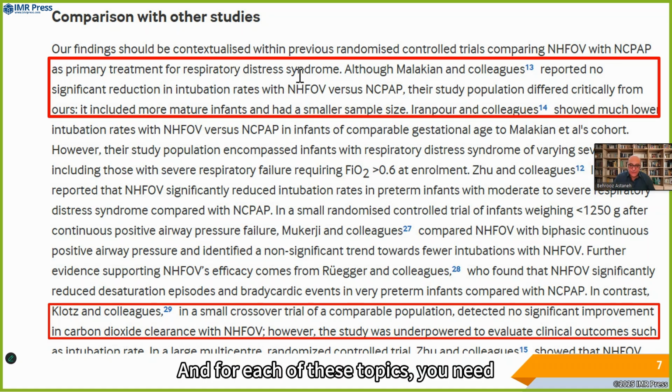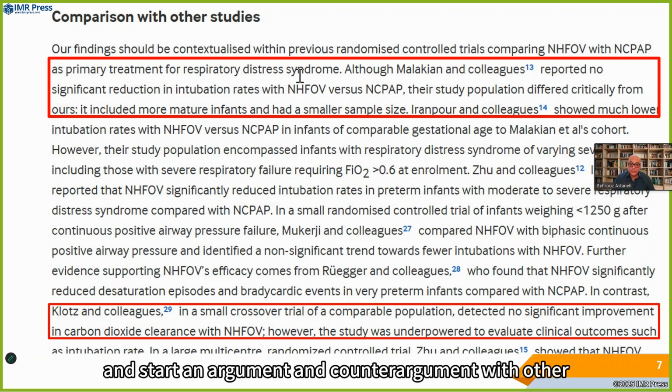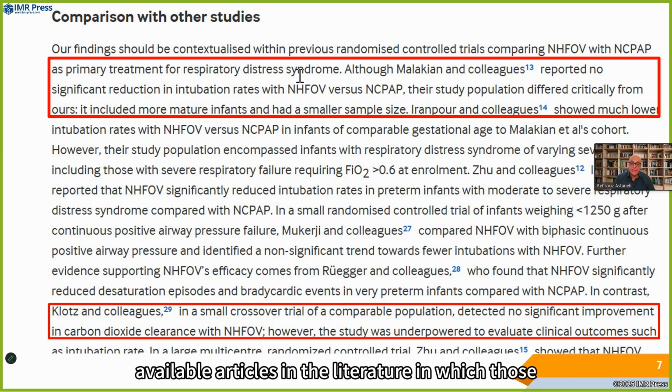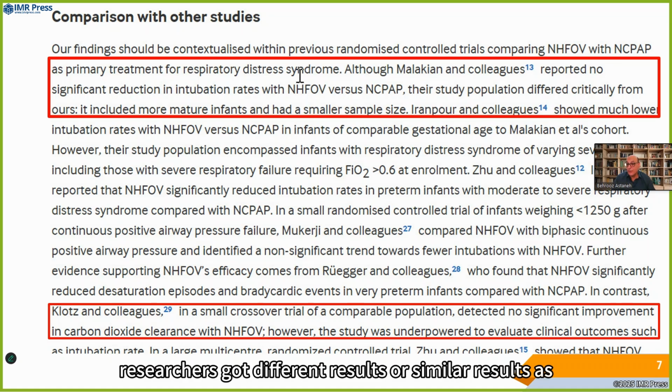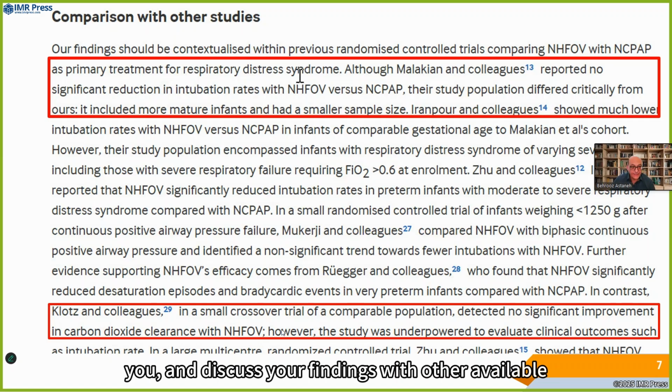And for each of these topics, you need to specify a paragraph and write your results and start argument and counter argument with other available articles in the literature in which those researchers got different results or similar results as you, and discuss your findings with other available results in the literature.